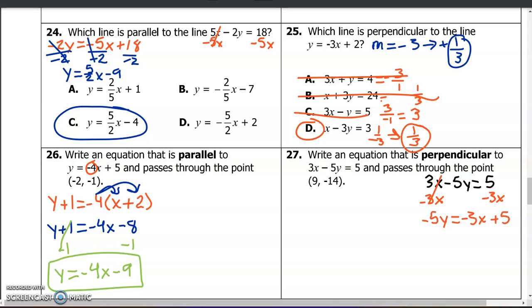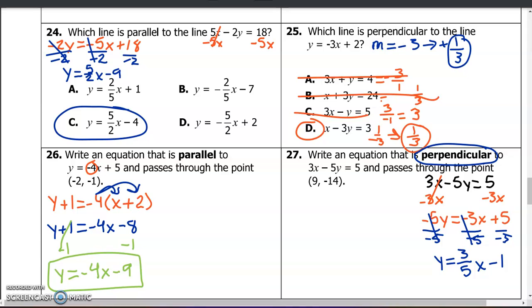And then my last step is to just get rid of that -5. So I'm going to divide by -5 on everything. Okay, so those cancel out, so I get y equals, these negatives cancel out, making this 3/5, right? Positive 3/5 x minus 1. So that's what I needed though. My slope is 3/5.